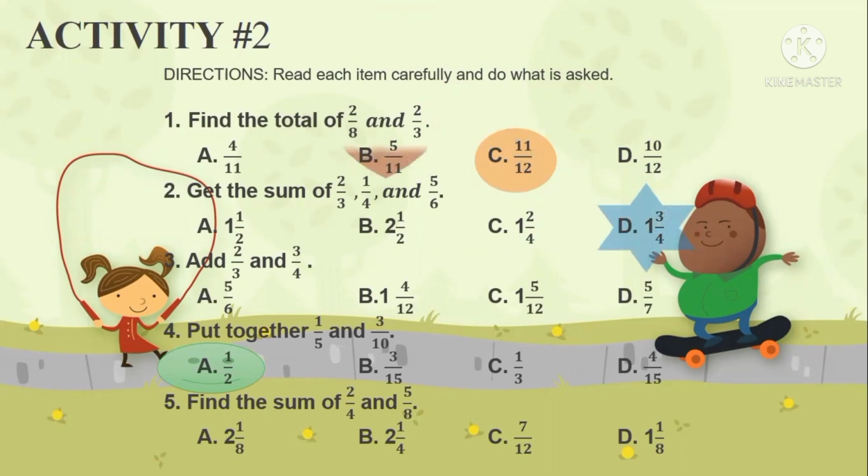For number 3, that's letter C. And number 4, it's letter A. And for number 5, it's letter D. Very good. 1, 2, 3, 4, 5. Bravo. So this time, you are ready to explore. You need to learn more. Okay, children, good luck.